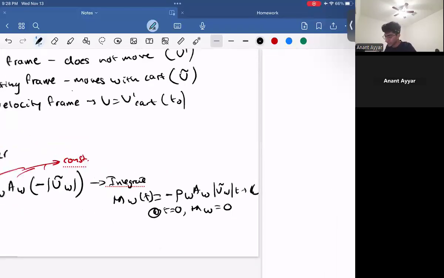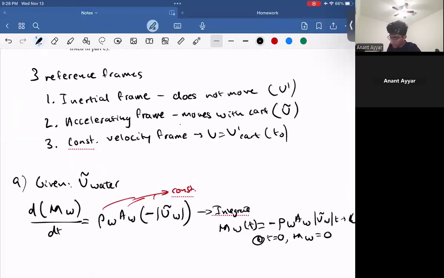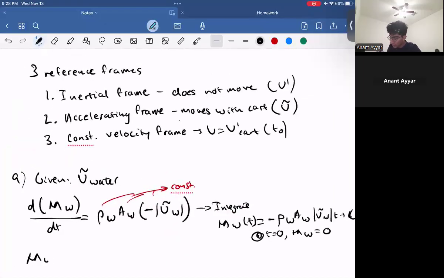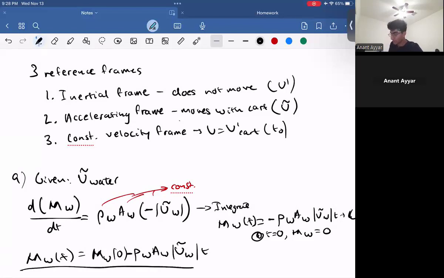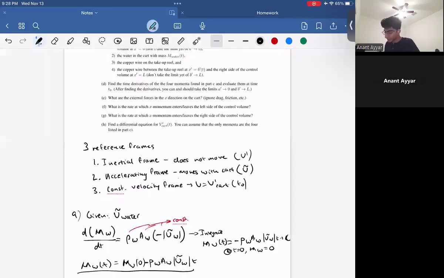So our final equation for the mass of the water at time t is the initial constant, mw at 0, minus rho w, area w, v tilde w times t. Okay, so this is our first answer. That was pretty straightforward. You just integrated a constant and you got that answer.